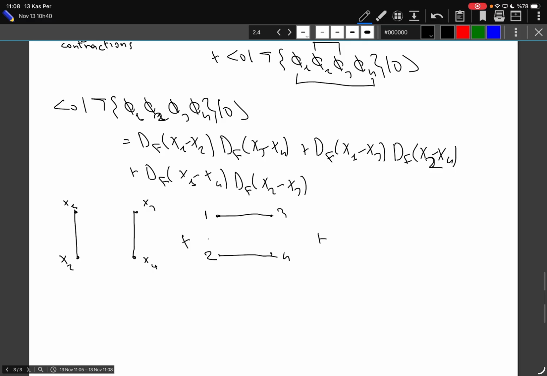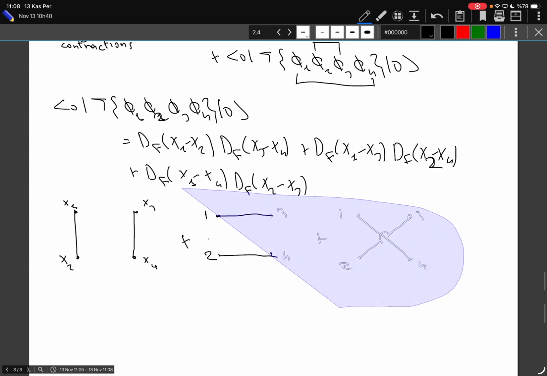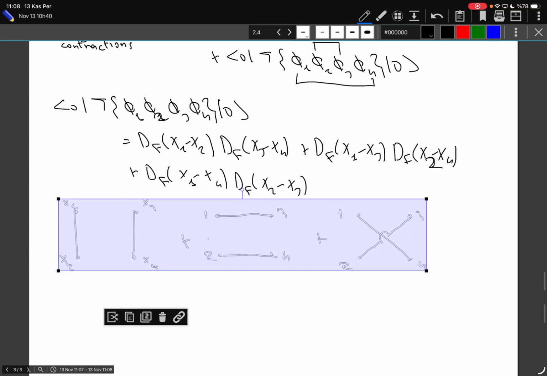Plus I have the last one, where 1 is connected to 4 and 2 is connected to 3. As you see, there is no scattering here, but this 4-point function in the non-interacting theory can be written as the sum of these 3 diagrams.